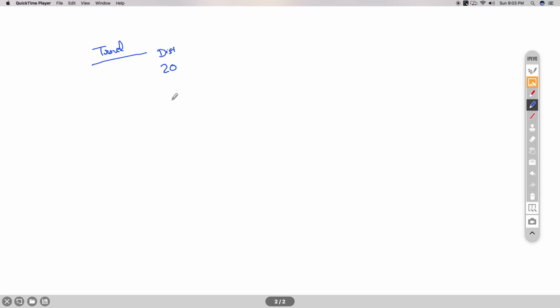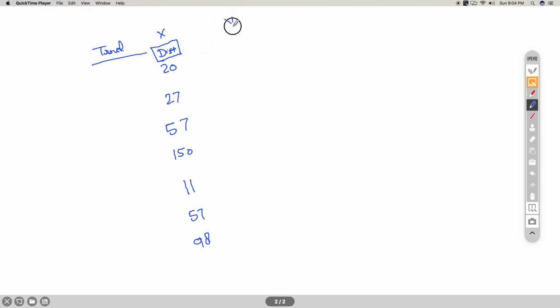Somebody is traveling 20 kilometers, somebody 27 kilometers, somebody 57 kilometers, somebody 150 kilometers a day from their cars. This is the distance they are covering in a day. Some people travel only 11 kilometers, some 57, some 98 kilometers as well. So I have something called X, and I pick this as distance.